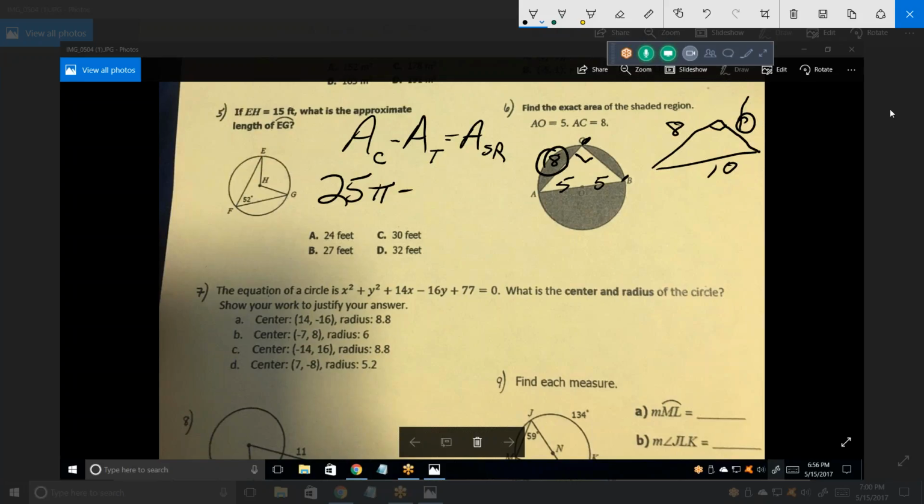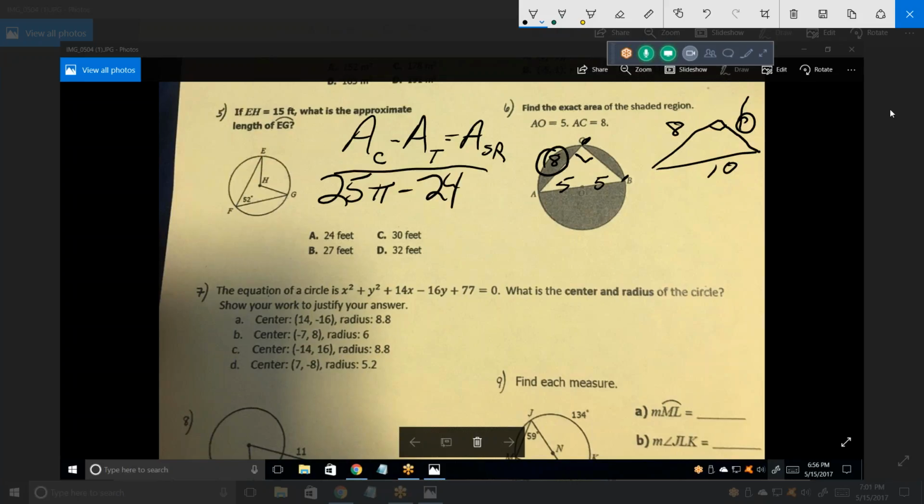Okay. Now, what's the area of that triangle? 1/2 base times height. That would be 24. So that's the area of the triangle.